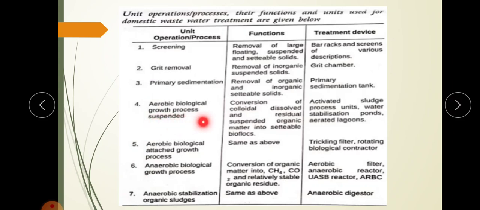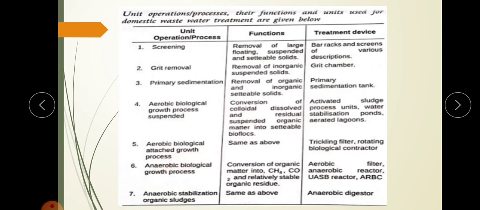An aerobic process is there, and an anaerobic process is there. The aerobic process we can conduct using biological growth processes. There are two types of systems, that is the suspended growth process and the attached growth process, which we will discuss later.